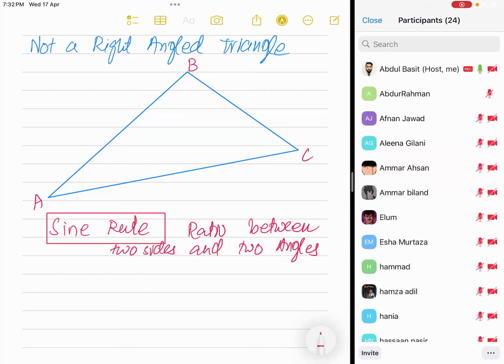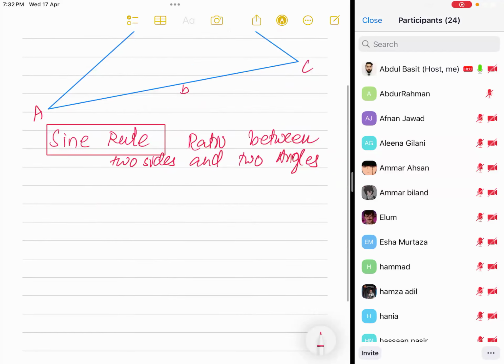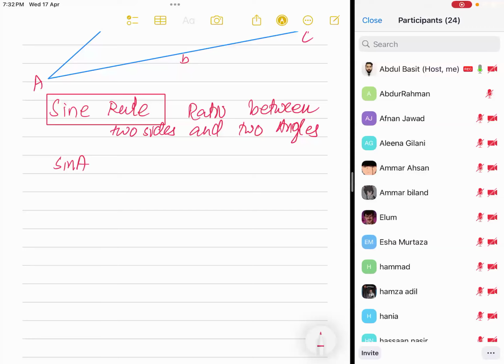Side opposite to angle A would be small a, side opposite to angle B would be small b, side opposite to angle C would be small c. So I can write sine A divided by a is equals to sine B divided by b is equals to sine C divided by c.